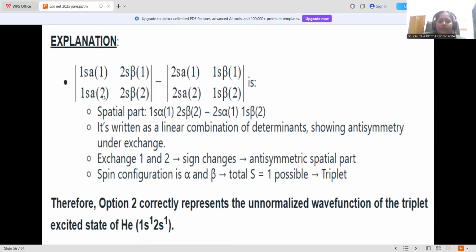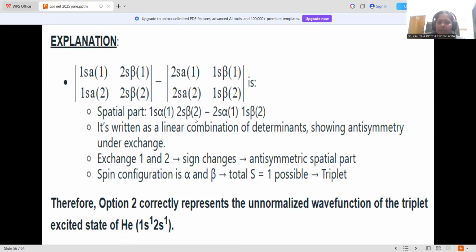The spatial part, 1s(1) 2s(2) minus 2s(1) 1s(2), is the right representation, being antisymmetric.